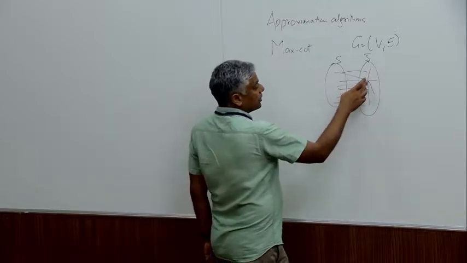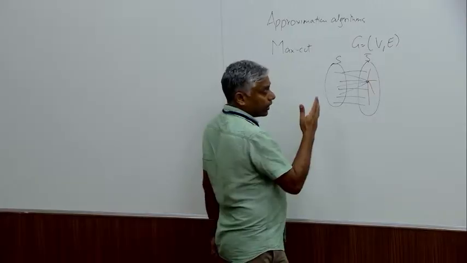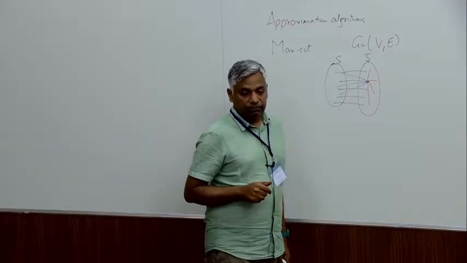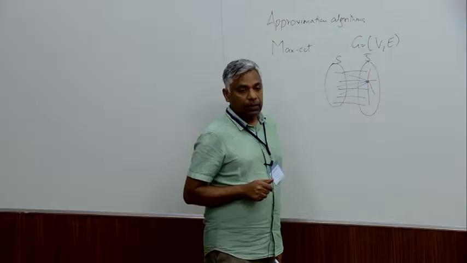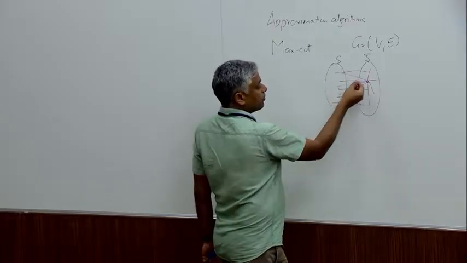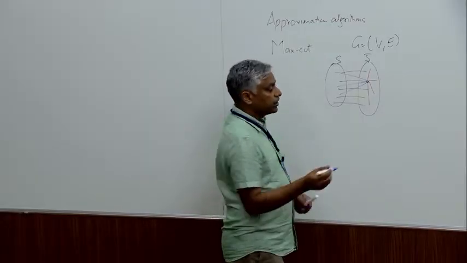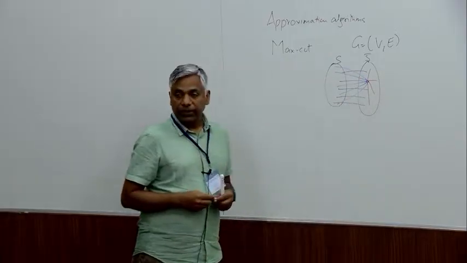Because right now this vertex is contributing 3 edges into the cut. And when I move it across, then it is going to contribute 4 edges to the cut. Yeah? So if this blue is less than the red, then I would move it across. Conversely, I would not move it across if the blue is more than the red. Right? Then I will not move it across.